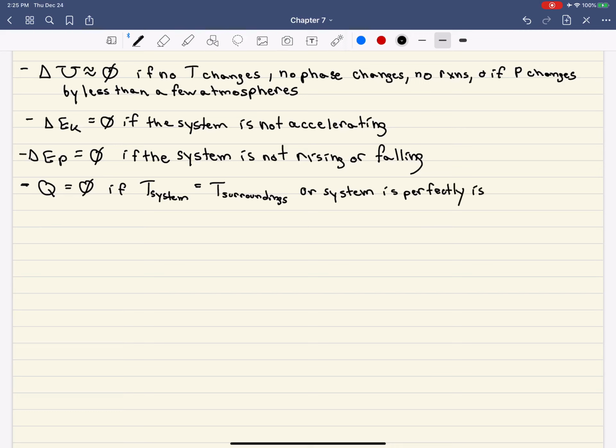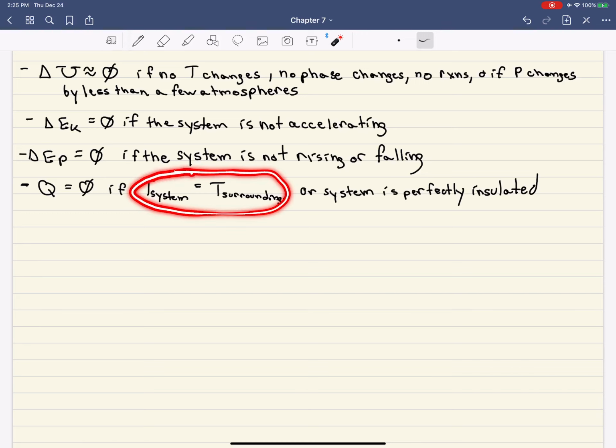Right? And the reason for that is we have to remember that heat is the type of energy transfer that's thermally driven, right? So it's driven by differences in temperatures between the system and the surroundings. If that difference is equal to 0, that means that there's no what we call driving force for the energy to move from one place to another. And so thermally, there's no driving force, so Q would be equal to 0.